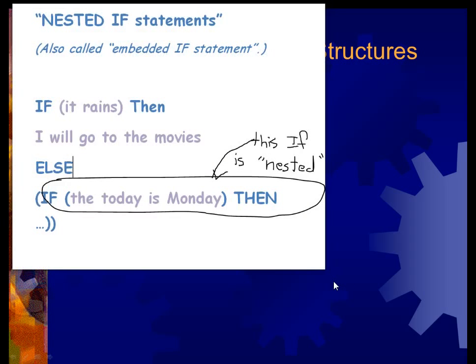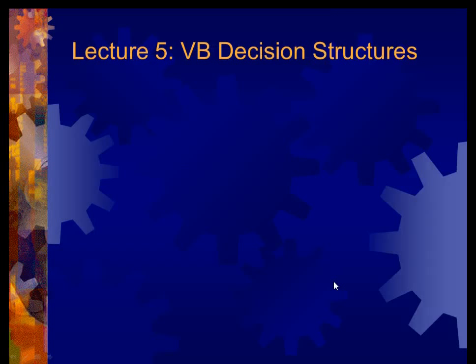You can also do something like this. If something, then something else. Else, you could also have an if inside the else statement. So you can have else, if something, then do this, else do that. We call it nested if statements. I don't know if we'll see that today actually, but that's a very common thing to want to do.